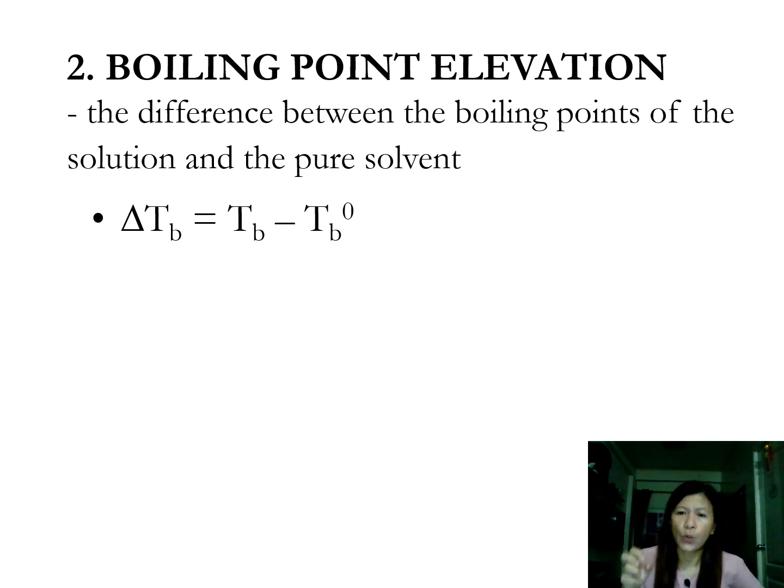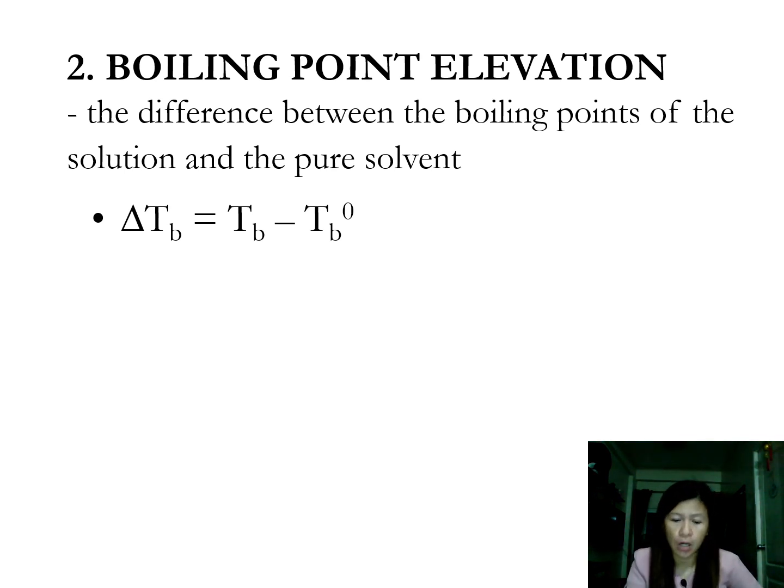If there is lower vapor pressure when you add solute, it will also result in a longer time for the solution to boil, or a greater amount of energy is necessary for the solution to boil. So if you are given the boiling point of a pure solvent and then you add solute, you expect the boiling point to be higher than that of the pure solvent.